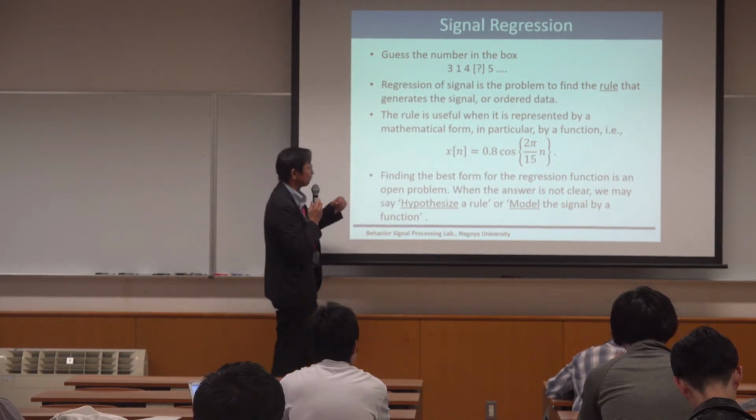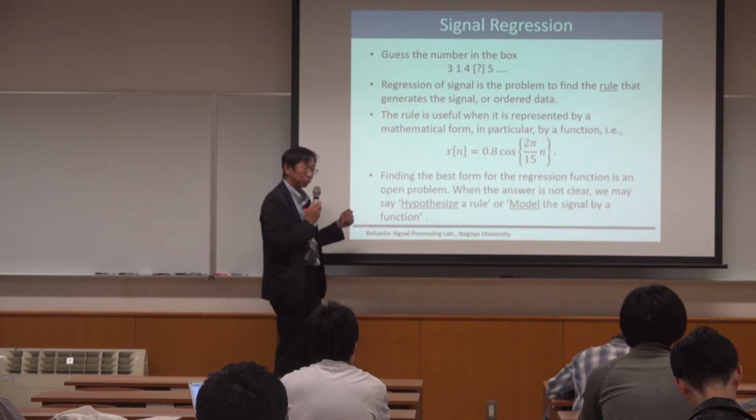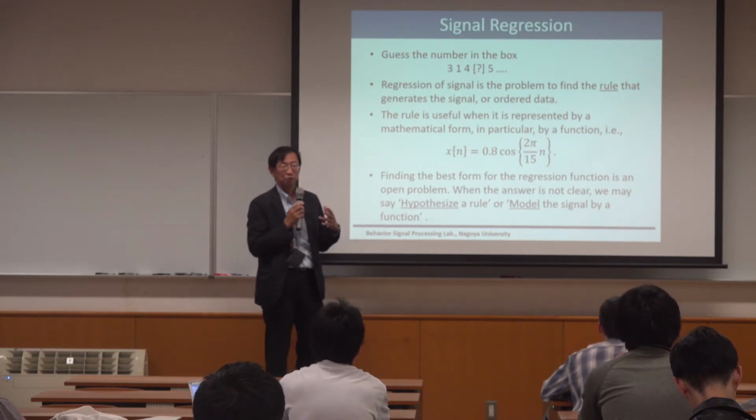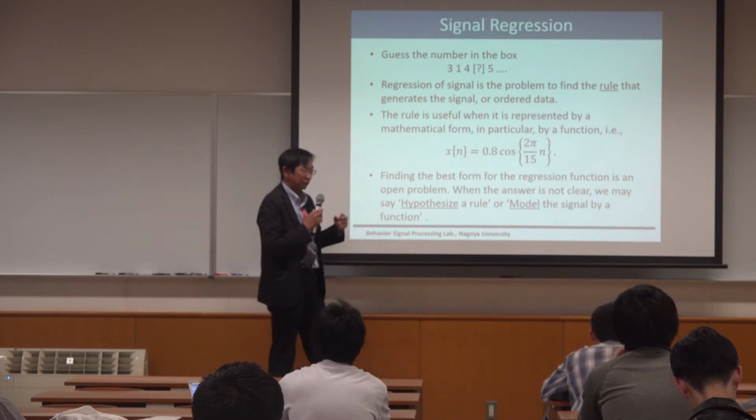And finding the best form of the regression function is an open problem. Because if you only know the set of data or the sequence of data, you cannot know what is happening.